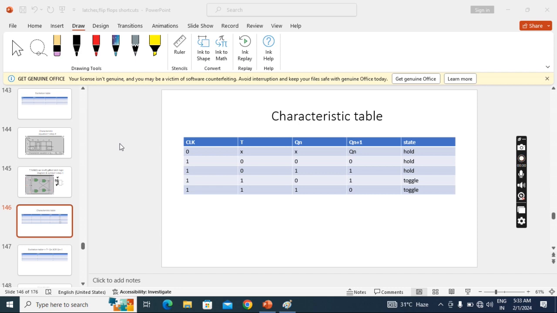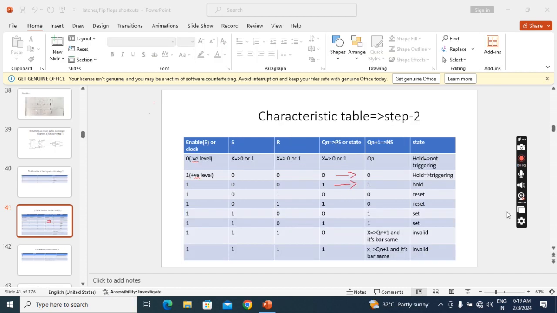So particularly for those counters, we need T flip-flop or JK flip-flop, but we mostly use T, because in JK, along with the toggle and hold, set and reset are there. That set and reset we don't need in the counters. There are some other applications of this T flip-flop also.